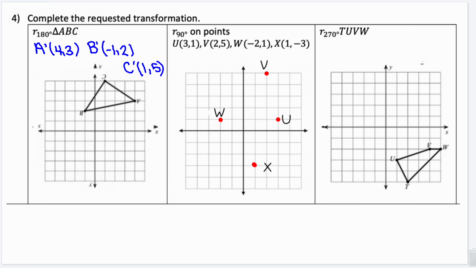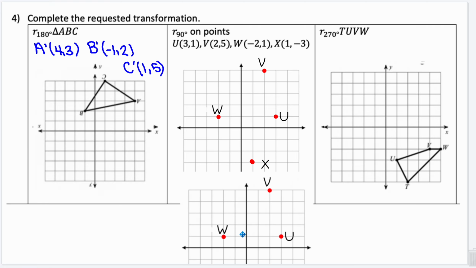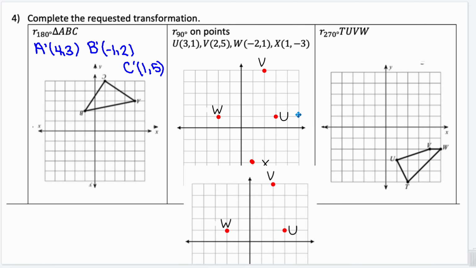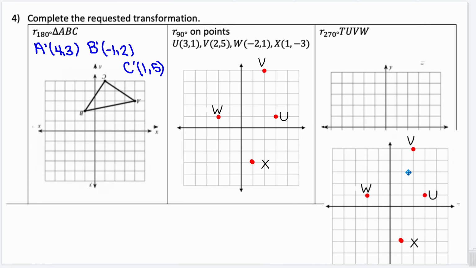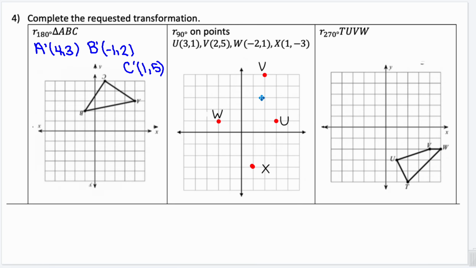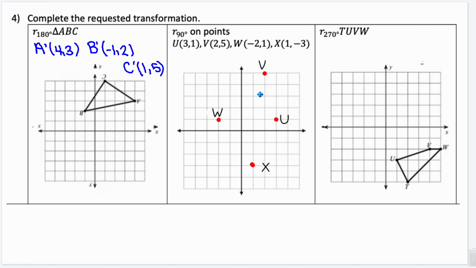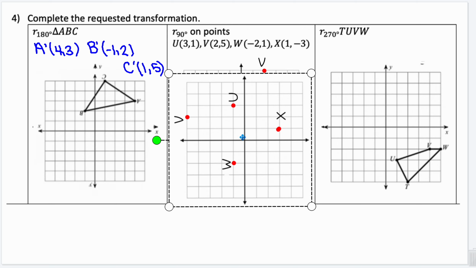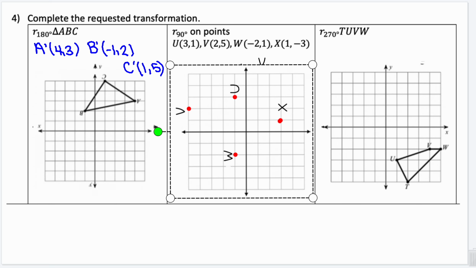For this next one, I gave you the ordered pairs. So I went ahead and graphed them. I labeled them. Rotation of 90 degrees. It doesn't say clockwise, it just says 90. So ready, and boom. Rotate to the left one time, and we're going to read this like a new graph.